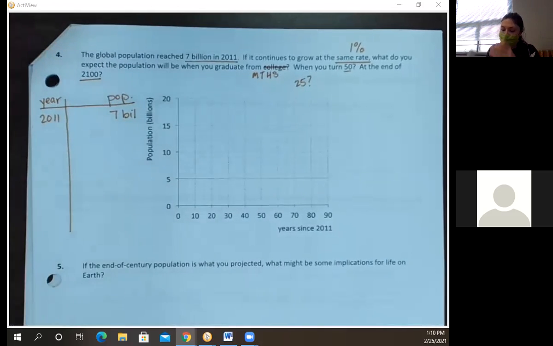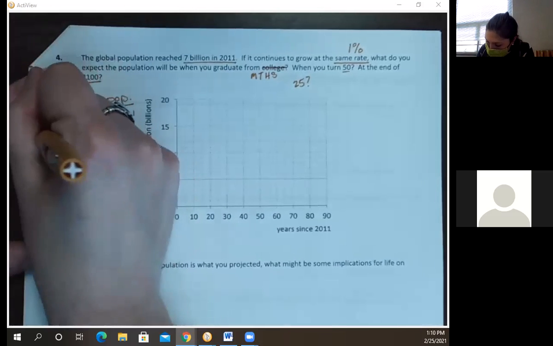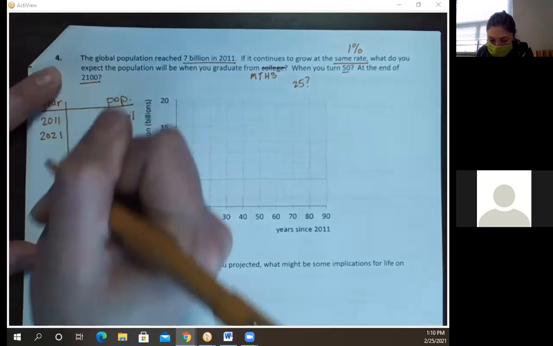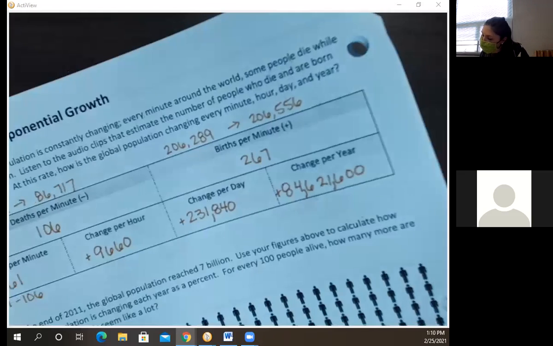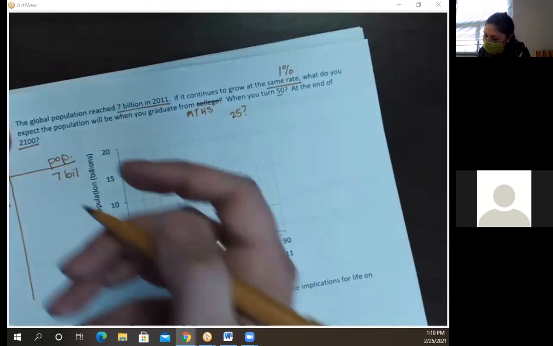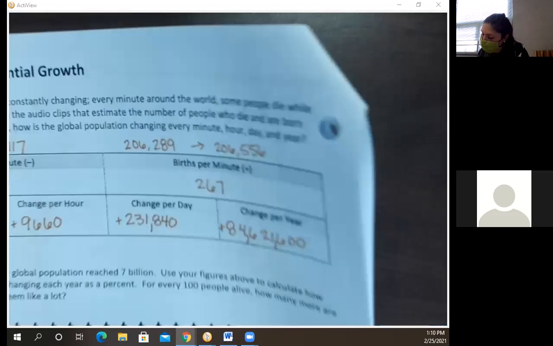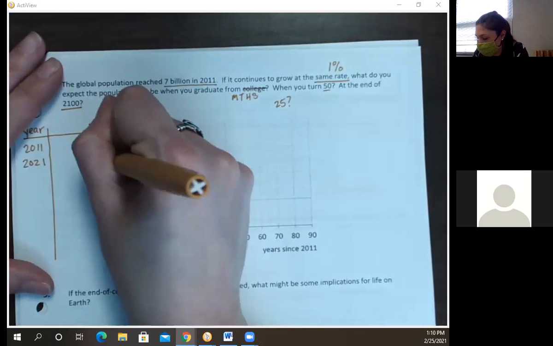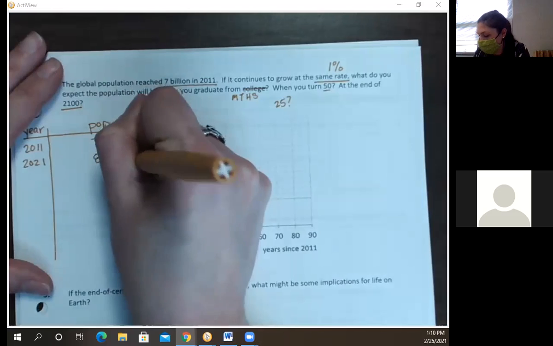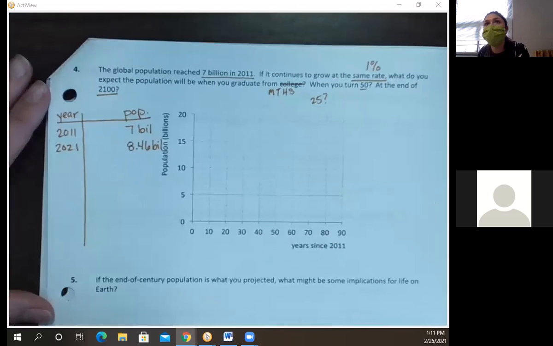We just looked at, for 2021, what was our population? Let me flip back here. 8.4621, so 8.4, 8.5 billion. I'll do 8.46 billion. A little more accurate.